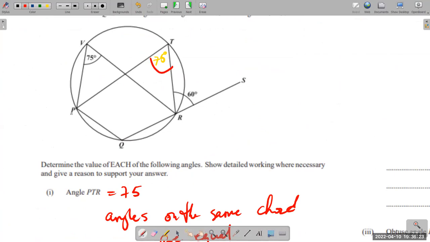TPQ. That's this angle here. Nobody ever taught us this, right? But I'm going to tell you the truth. There's an indirect way of finding this angle. You think they put the 60 here for no reason?